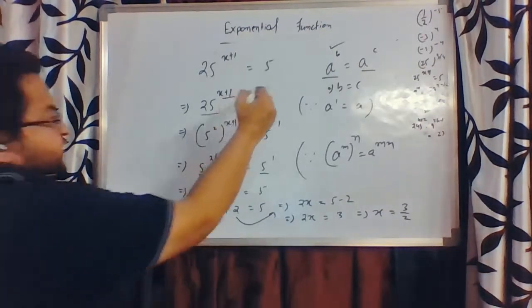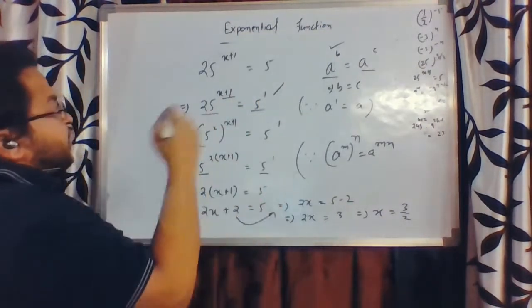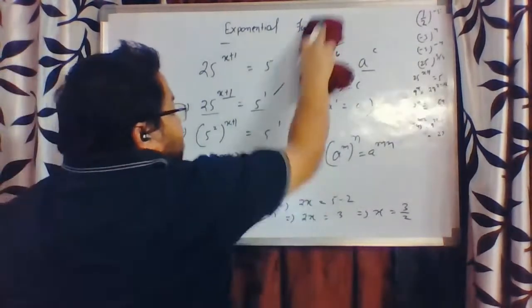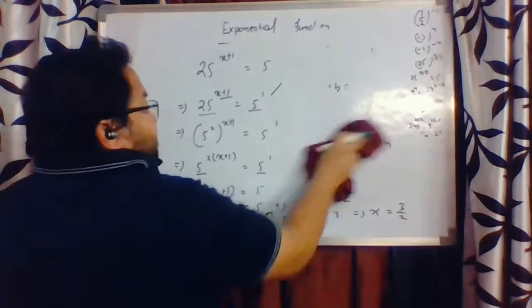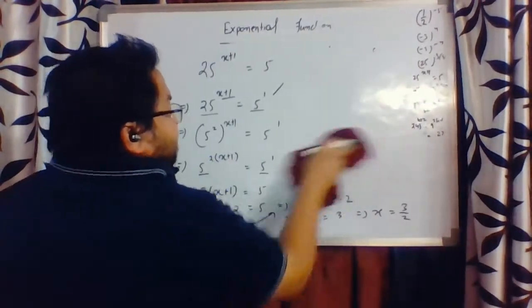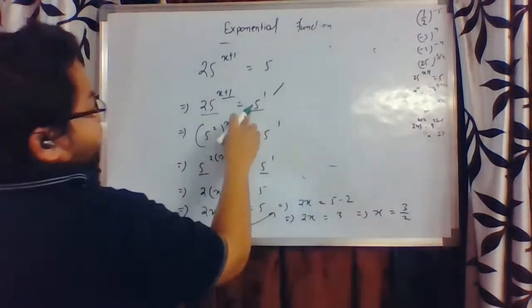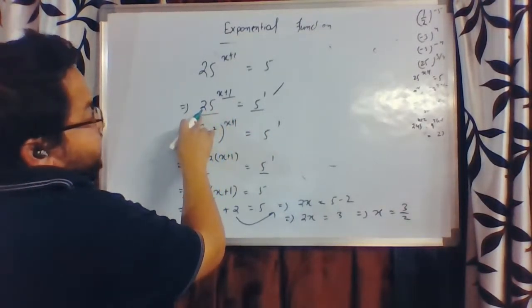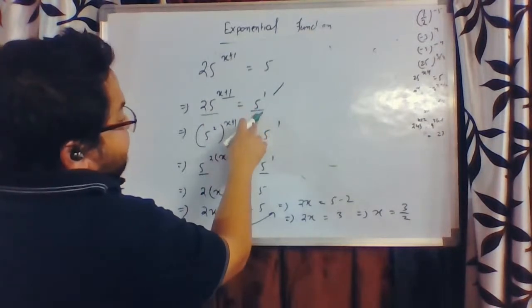Now, I said that in this step, we can do a bifurcation. So now let me show you the other way of solving it. Till this step, everything is the same. I said that I can either make the base of the left hand side as 5 or the base of the right hand side as 25.